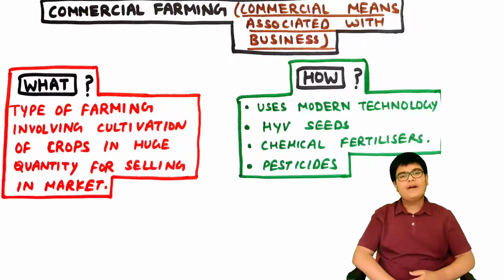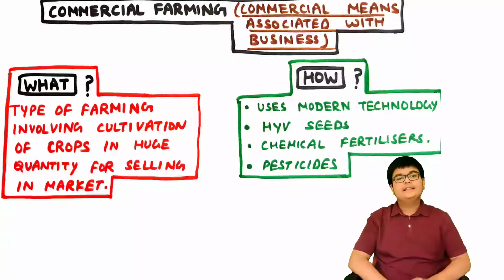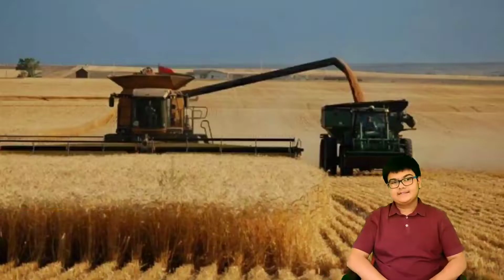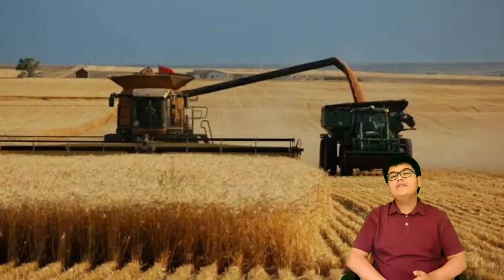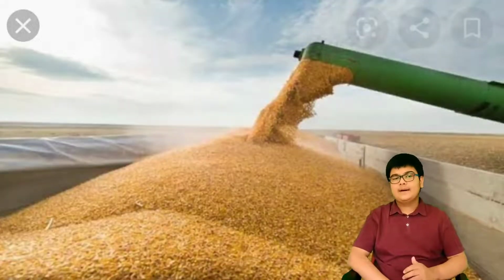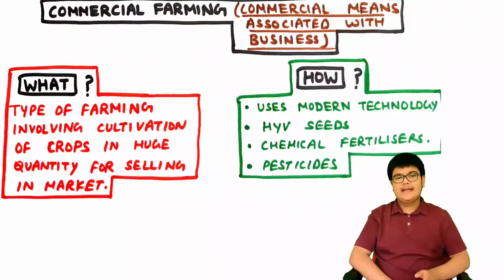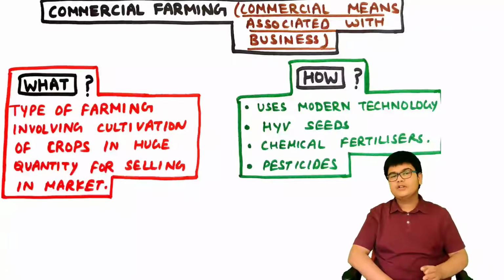The third type of farming is commercial farming. The meaning of the word commercial is associated with business. So this farming involves the cultivation of crops in huge quantity for selling in the market. So the main difference between subsistence and commercial farming is that in subsistence farming, the farmers produce crops for their own use, but in commercial farming, the crops are produced for commercial purposes like selling in the market.